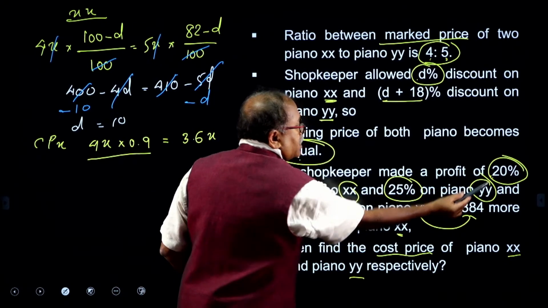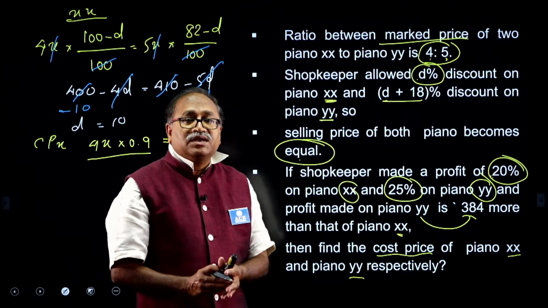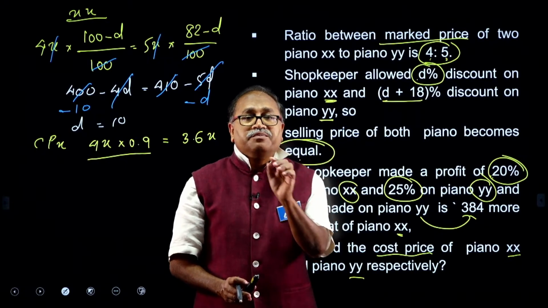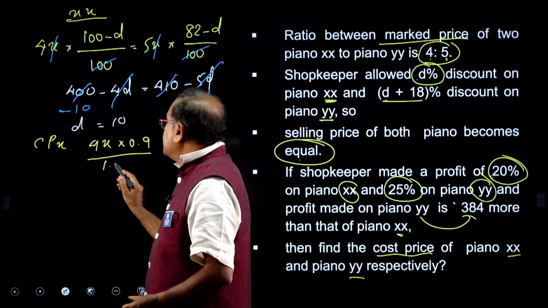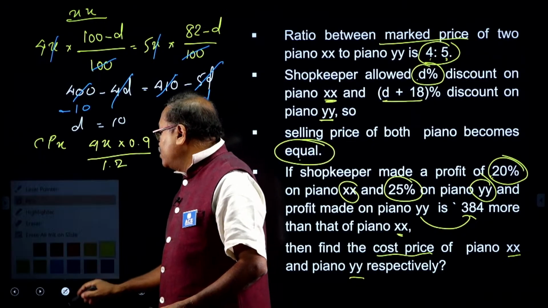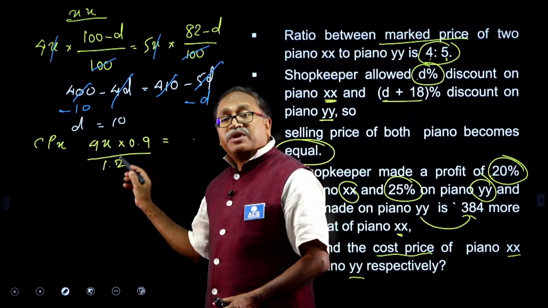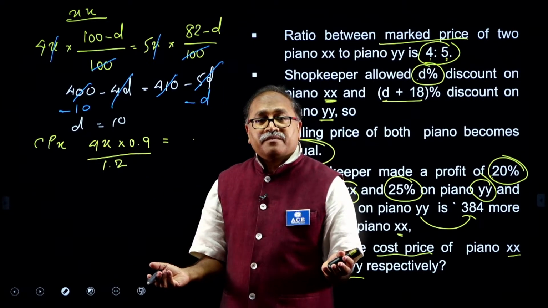In the first case we have 12% profit. 12% profit means the selling price is 120%. 120% means 1.2 in the form of decimal. So, divide this by 1.2, then you will be getting the cost price. So, selling price divided by 120%, I will be getting the cost price.